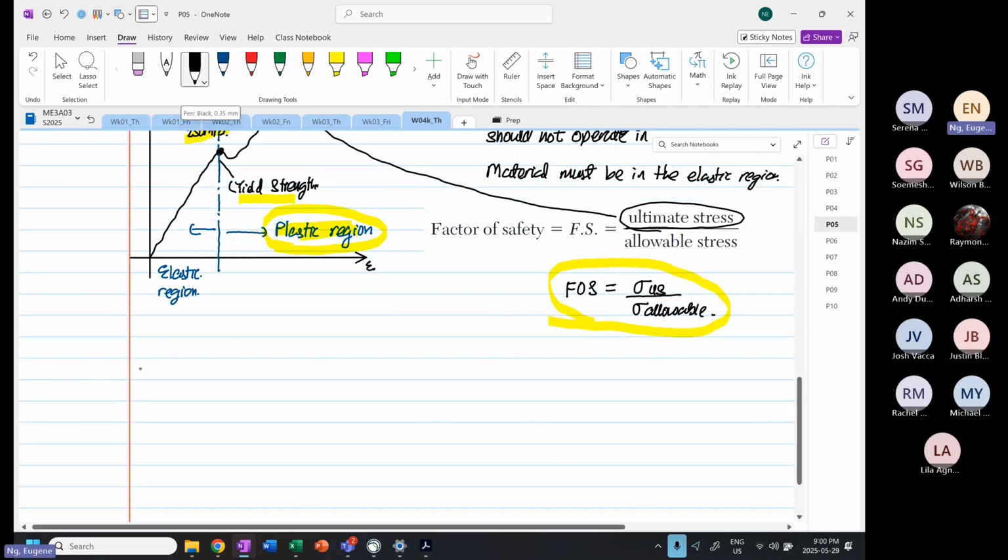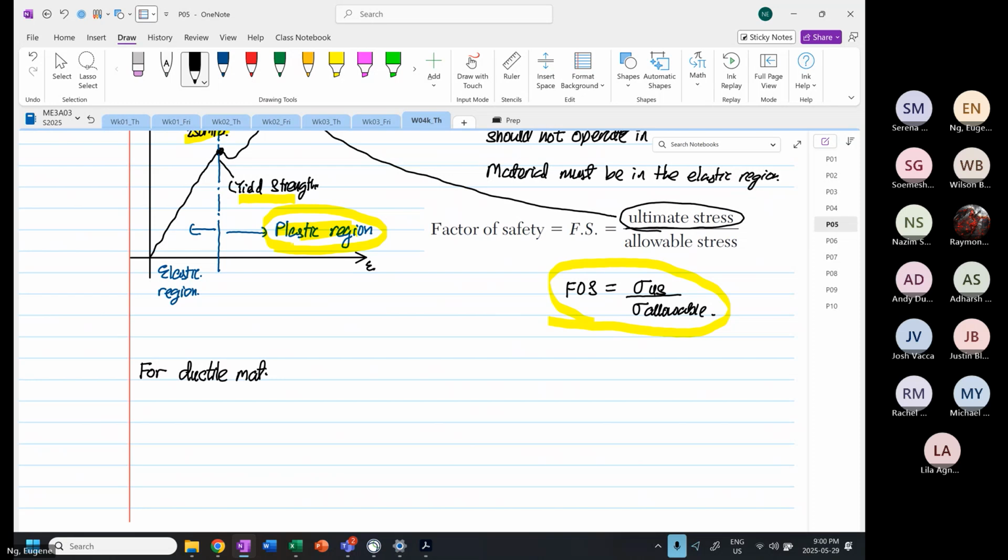So for ductile material, ductile for this case, where the yield strength is a lot smaller than the ultimate strength, okay, the factor of safety should be the yield strength divided by stress allowable.